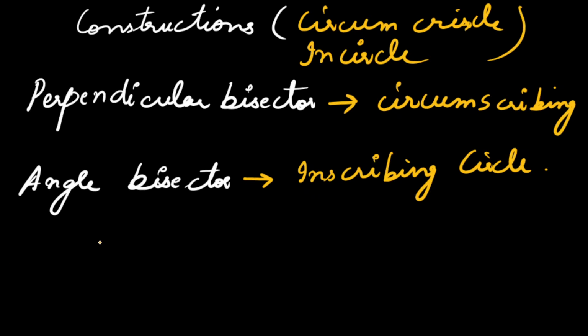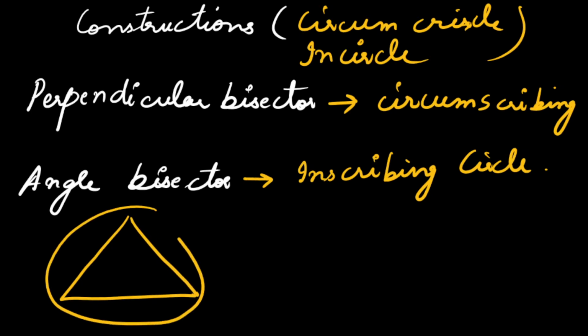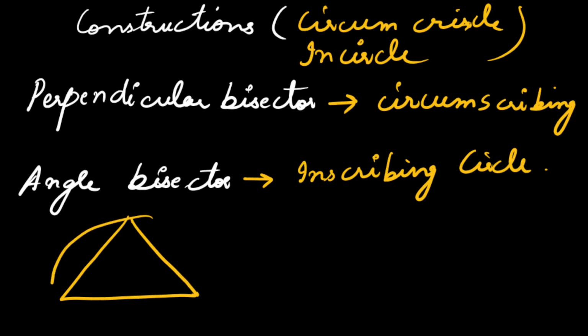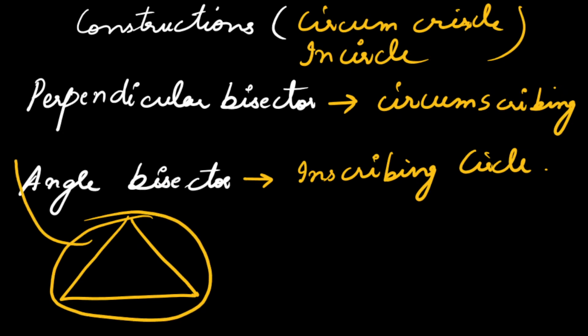So suppose now I'll just explain to you. Suppose I have a triangle. Circumcircle means the circle will be outside. It will pass through the vertices of the given polygon like this. So this is the circumcircle, that means outside of that.